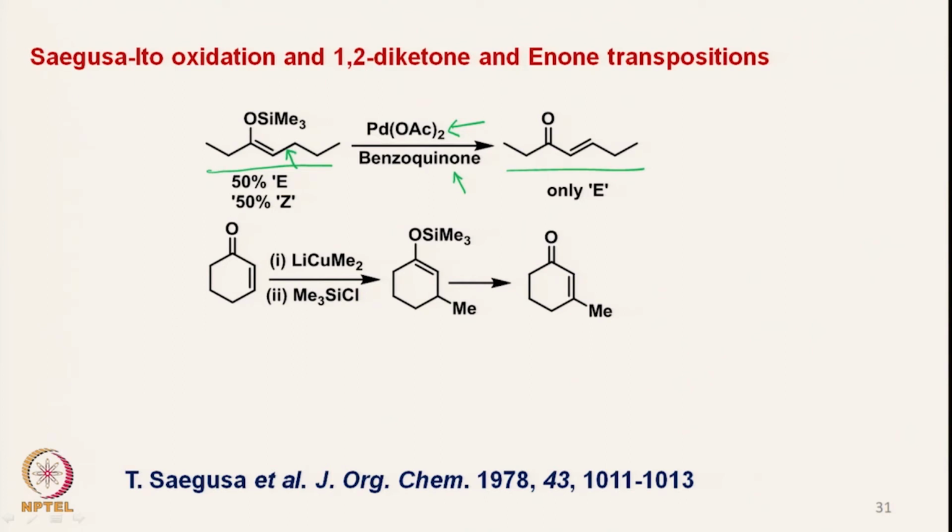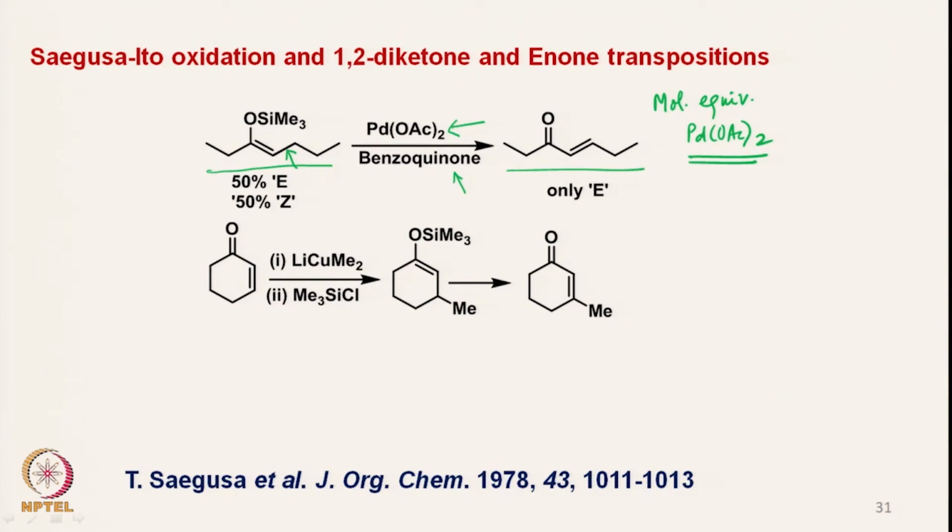Initially when this reaction was done, it was found that one can do this reaction with a mole equivalent of palladium acetate. But palladium acetate is very expensive, and therefore the reaction will not be of much use unless it is made catalytic.